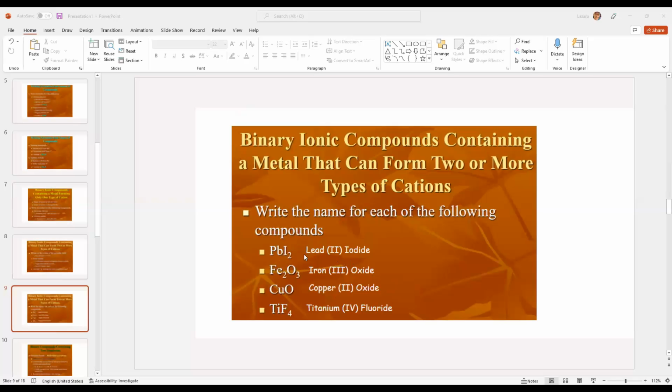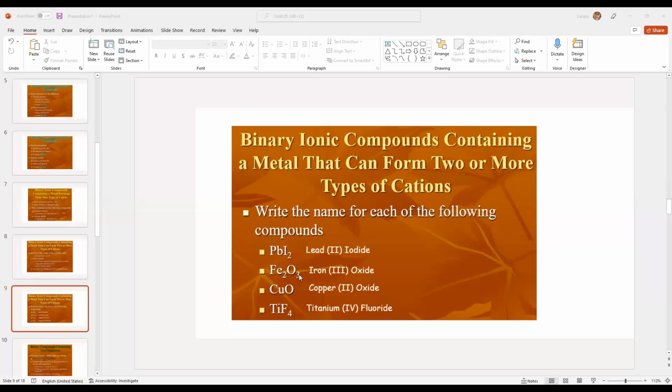Here you have more examples. In this case, lead has a 2 plus. You put this 2 that is here up as the charge of lead, and then it will be lead plus 2. That's why you write here lead 2.